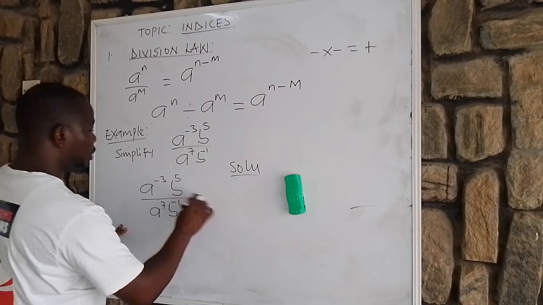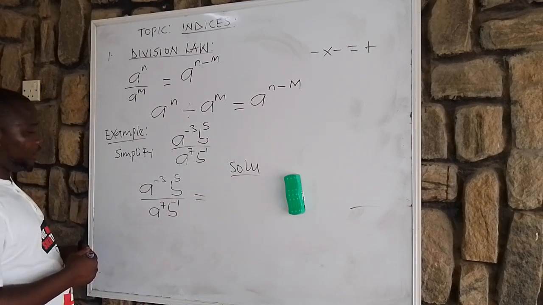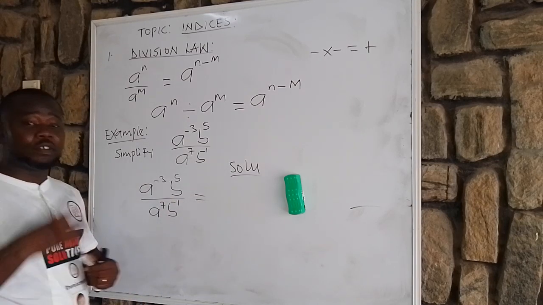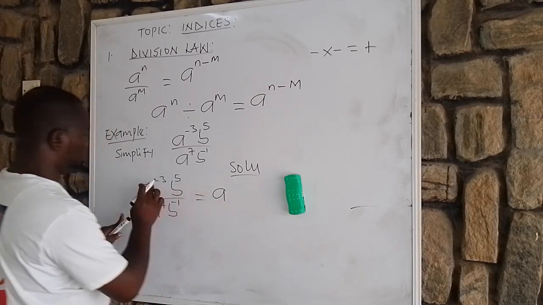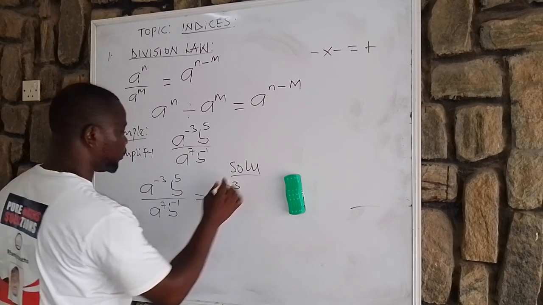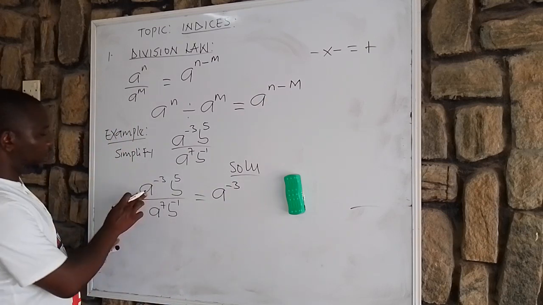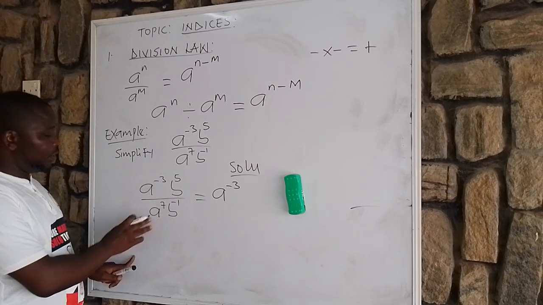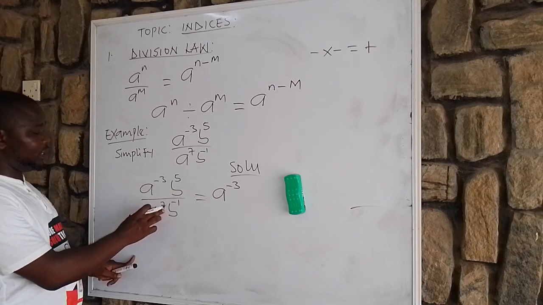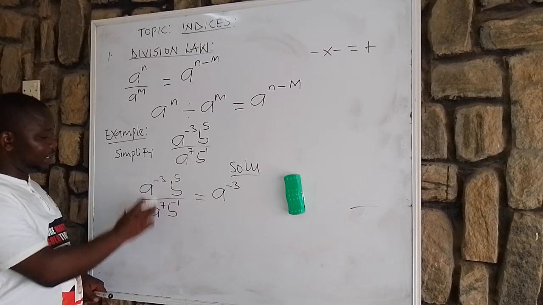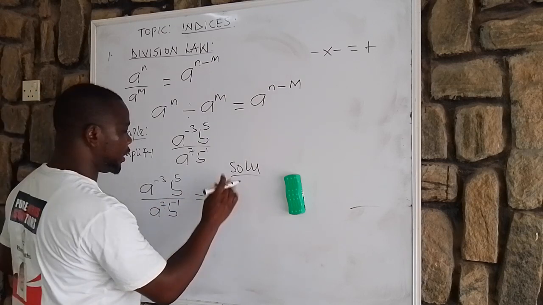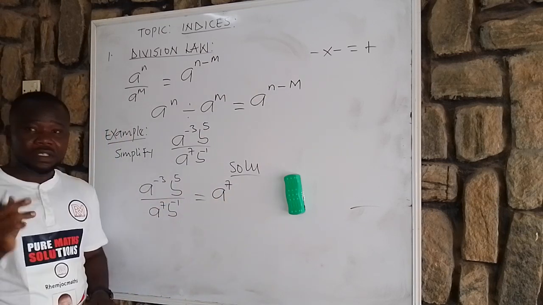Okay, so if we have it in this form, it means we pick one of the bases. Is that clear? So here will now be a raised to the power of minus 3. Always start with the numerator, please. I know some of you want to start with the number that is bigger, so you want to write 7. No, it's not like that.